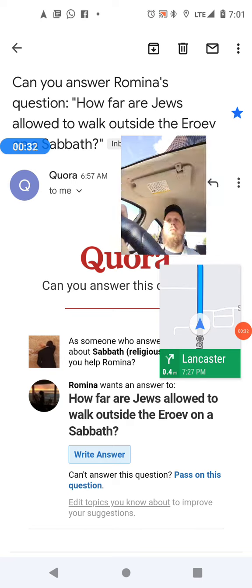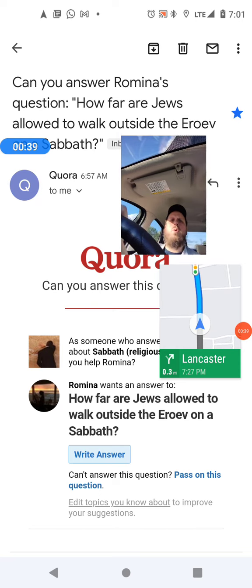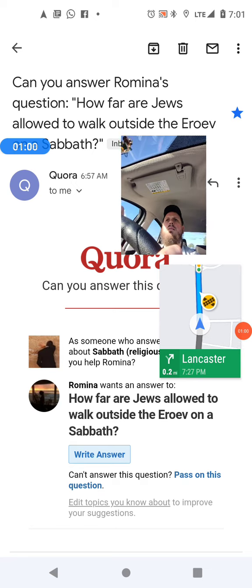Eruv chatzeros means a mixture. So eruv chatzeros means a mixture of courtyards, and the way that is done is through, if there is already a wall around an area, you cannot simply carry from one home to another, even though there's a wall around it.